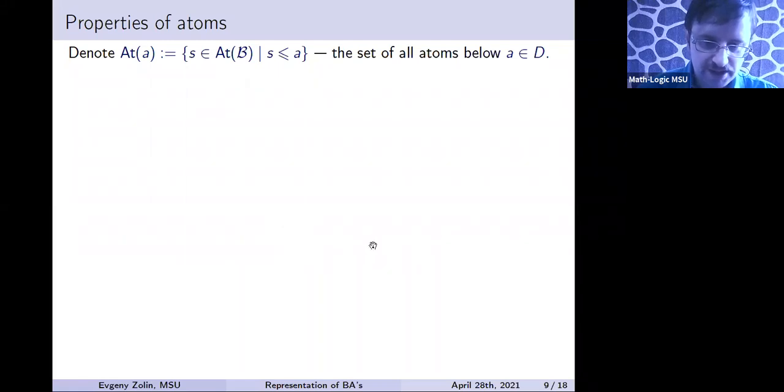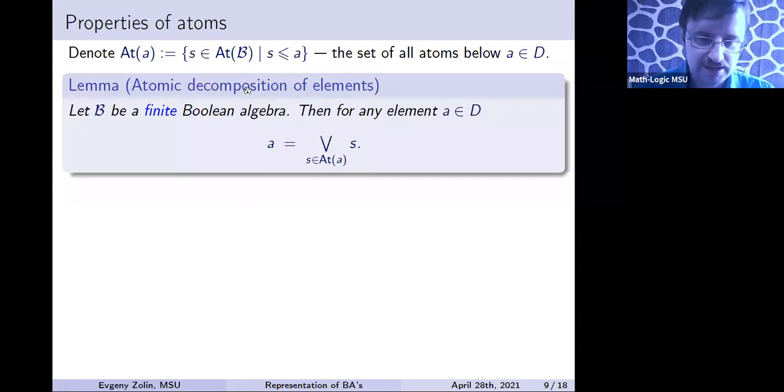It turns out that if we live in a finite Boolean algebra, then this element A can be constructed from these atoms by simply taking the disjunction. In an arbitrary Boolean algebra, this doesn't hold. The previous lemma holds for arbitrary Boolean algebras, but here this holds only for finite Boolean algebras. Every element is the sum or union of atoms that live below this A.